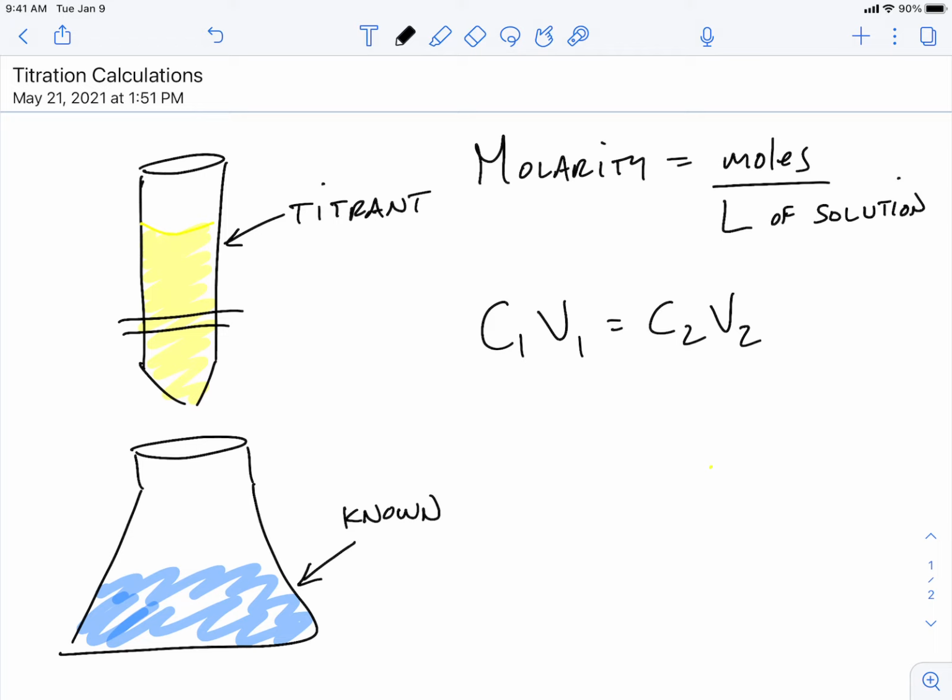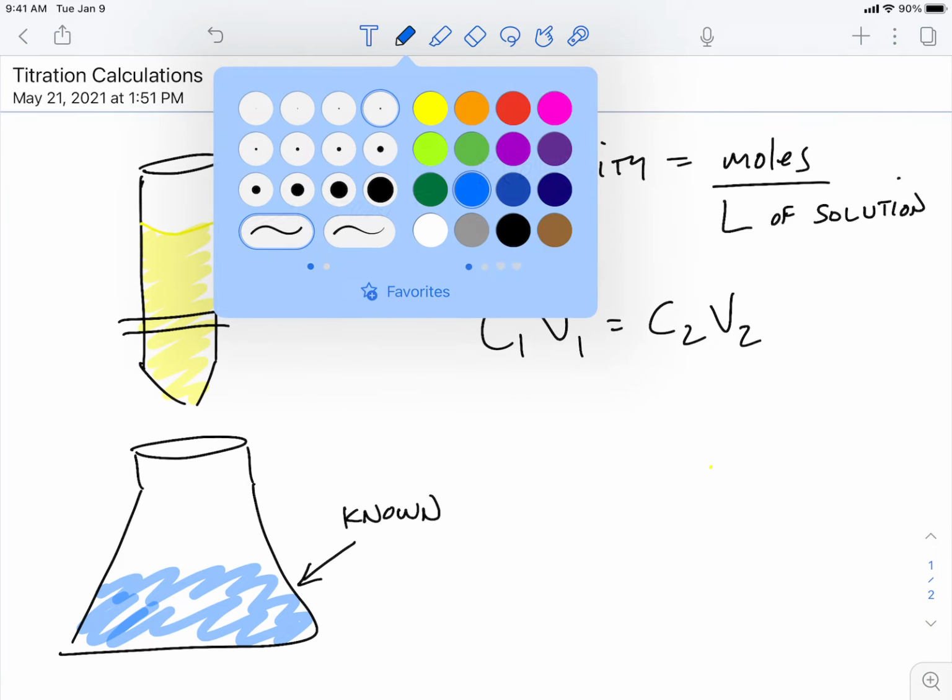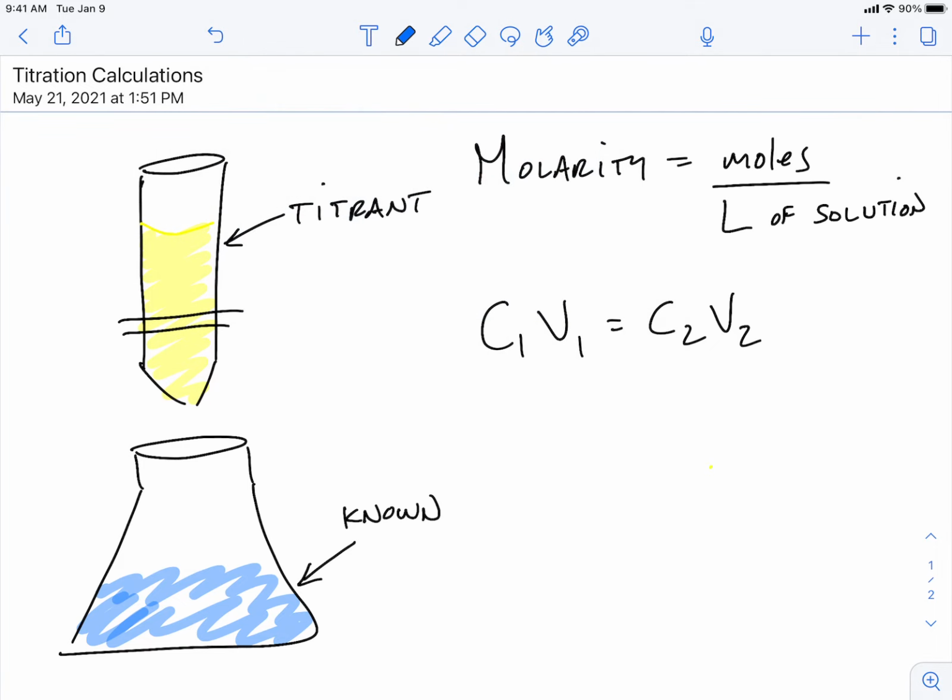The way we would solve something like this is to take all the information that we know, plug it into the equation, and solve for one of the unknowns. With this formula, one side would relate to whatever we know for sure, and whatever we don't know, some unknown that we're going to solve for, would be on the other side.